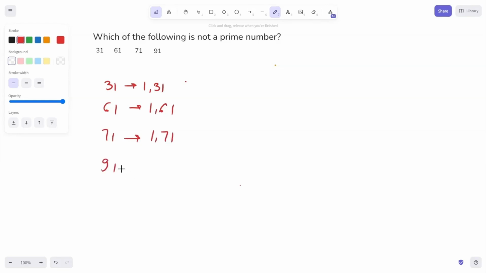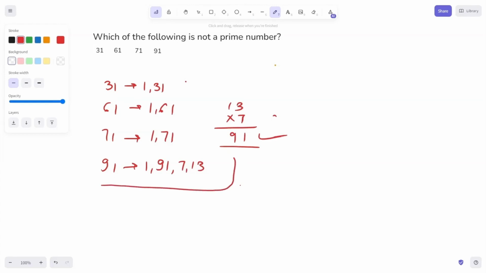If we check 91, it is divisible by 1, the number itself, and 7 and 13, because if we multiply 13 into 7, it will become 91. Okay. So hence we can say that 91 is not a prime number because it has more than 2 factors. So our fourth option will be correct. So 91 is the answer.